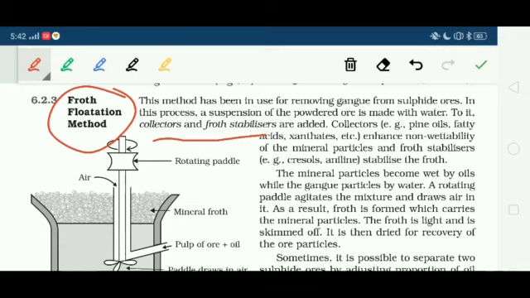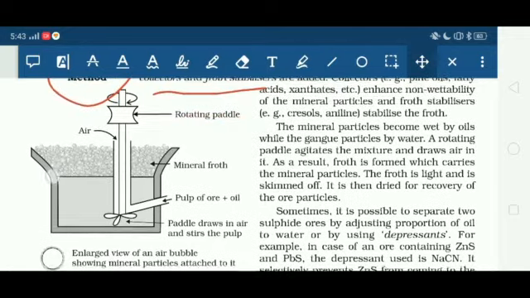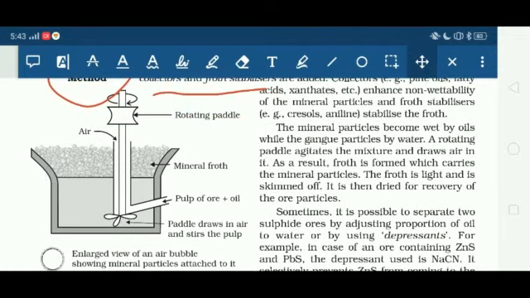And froth stabilizers are those substances which stabilize the froth, which means foam, in the process. Now this finely powdered ore along with collectors and stabilizers, when added to water, the mineral particles will be wetted by oils, whereas gangue particles are wetted by water. And a rotating paddle.